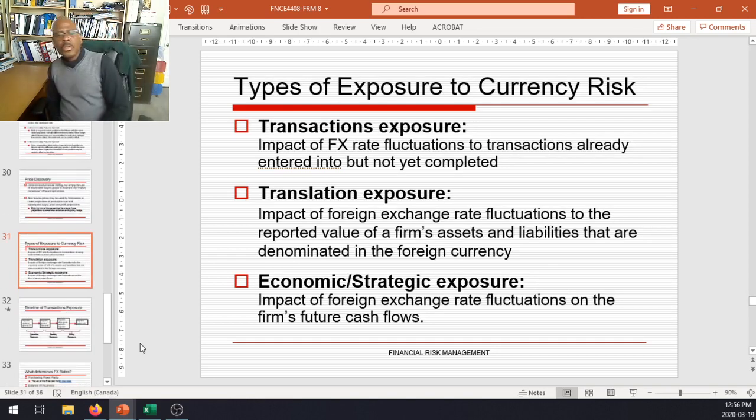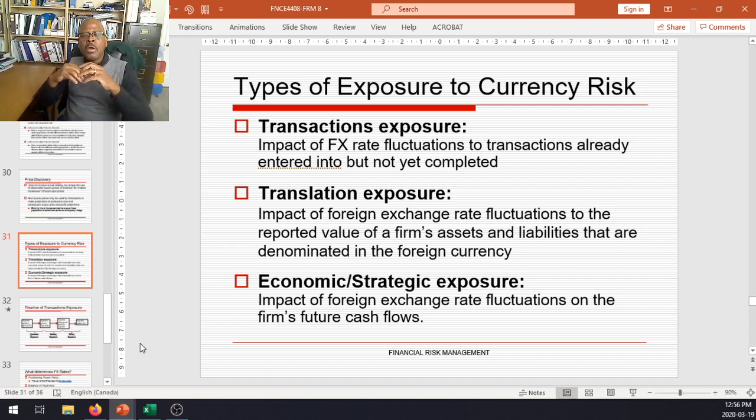Foreign exchange risk, we have spoken about that. We had seen an example of this, and we just briefly want to speak about the different types of exposure to foreign exchange risk. And you've probably come across this in the international finance class. There are three different types of exposure when a firm faces foreign exchange risk. One is the transactions exposure.